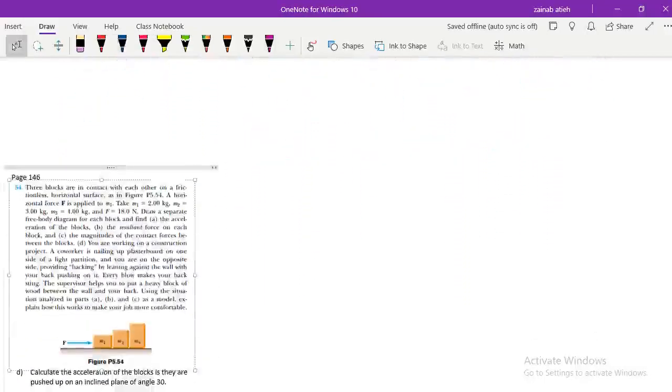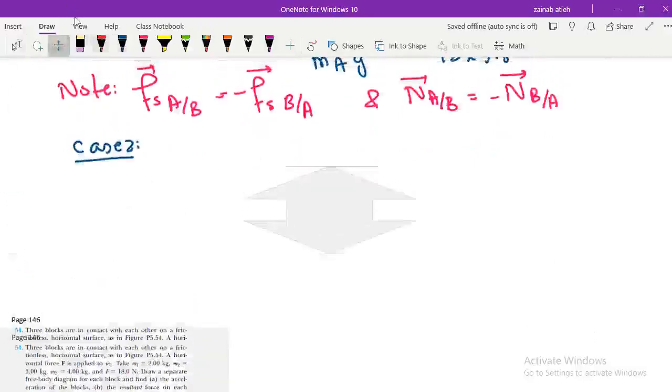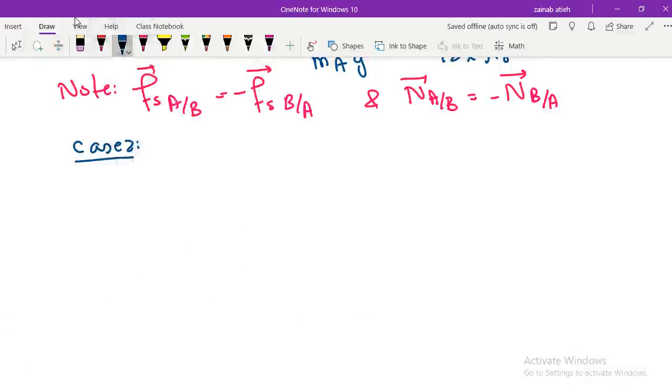It's the same given, but instead of pushing block A, I'm going to push block B. Okay, so this is B, this is A. This is the table or the ground, and this is the force F. We are pushing B. So first, to find the F exerted by B on A and N exerted by B on A, so that we find the mu s which is F over N, I have to find first the acceleration of the system. I take the whole system together.